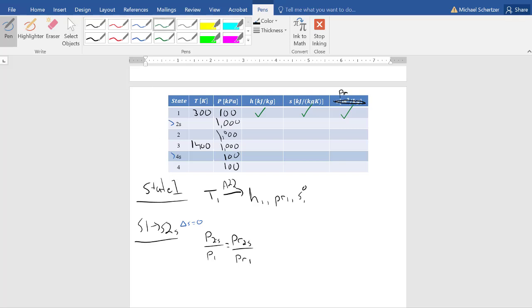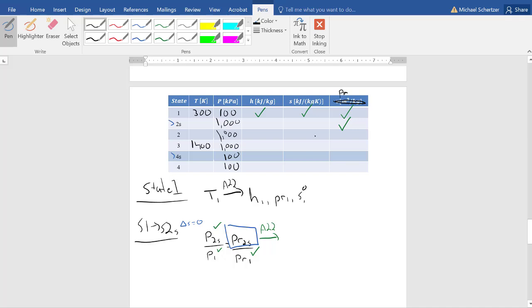In this case, I know P2s over P1, that's the compressor pressure ratio. And because I knew the temperature at state 1, I use this to find Pr2s.